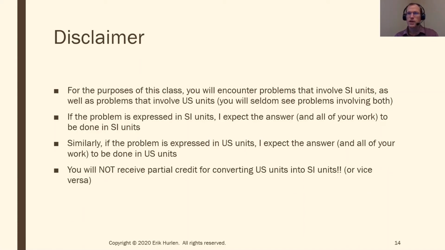I do that because I want you to use the same system. So if I give you a question in SI units, I expect you to work out the answer and all the steps in SI units. Conversely, if I give you a problem in US units, I expect you to work out the answer and all the steps also in US units. I do not expect you to convert US quantities to SI quantities, then do all the math, then convert back. I do not want you doing that.